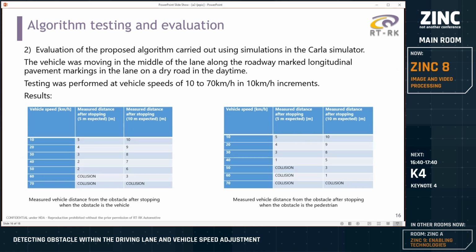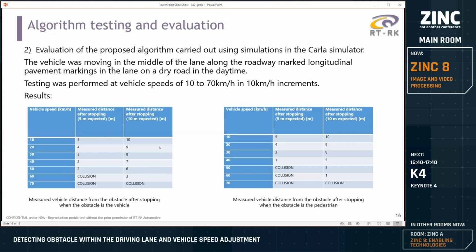The second approach was to create simple simulations in real time where a vehicle was moving in the middle of the lane along a roadway marked with longitudinal pavement markings, on a dry road in the daytime. We used different speeds with 10 kilometer increments.